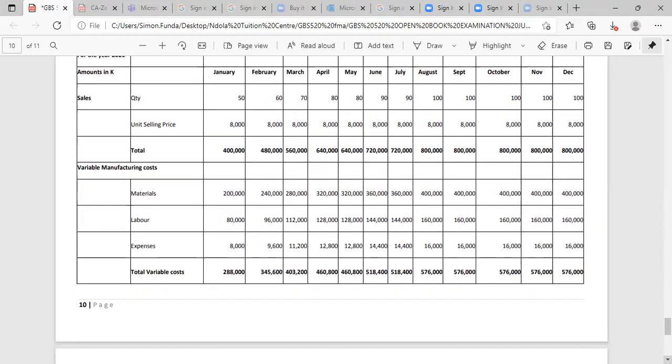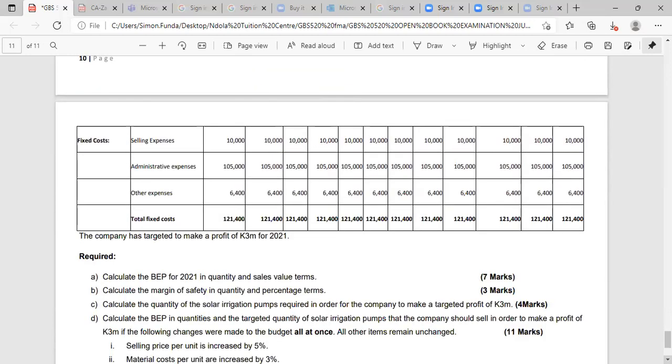Then the other variables, we have variable manufacturing costs. So under variable manufacturing costs, we have got material, we've got labor, we've got expenses, and the totals are given. Lastly, we've got the fixed costs.